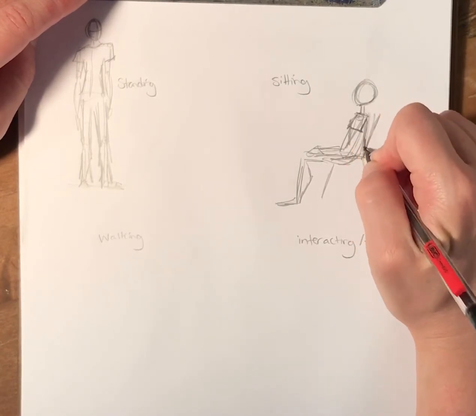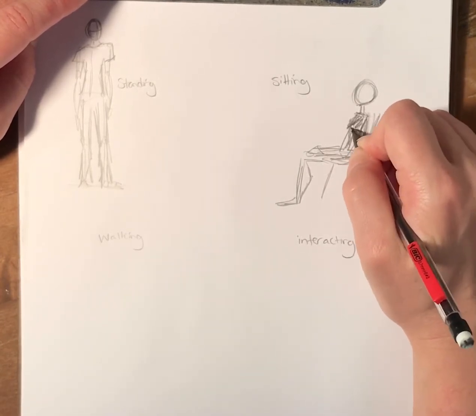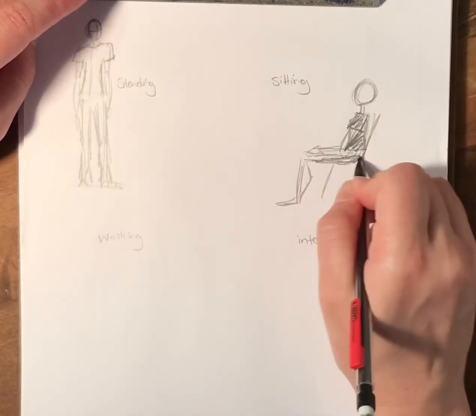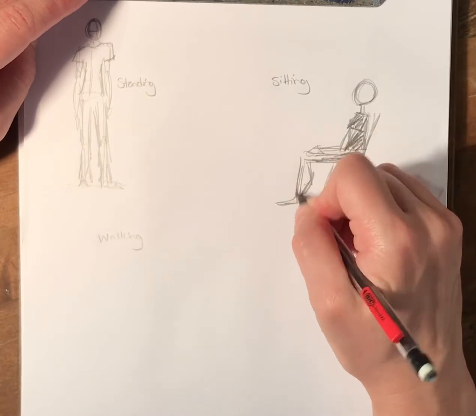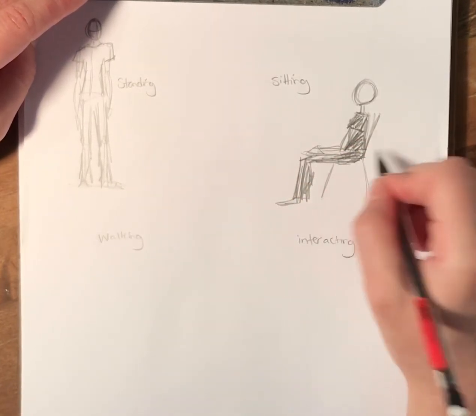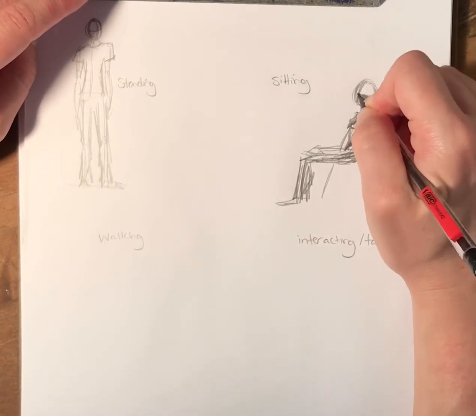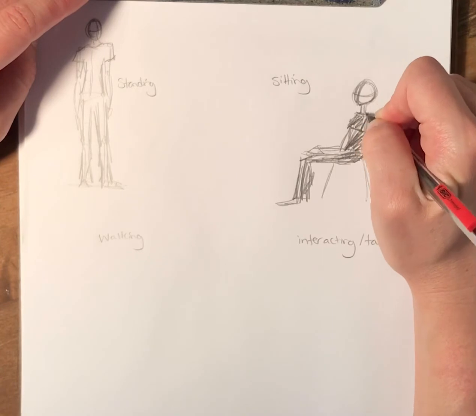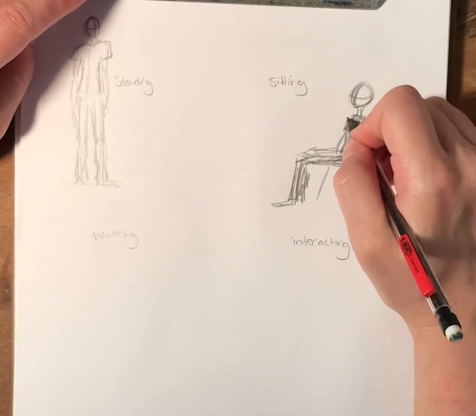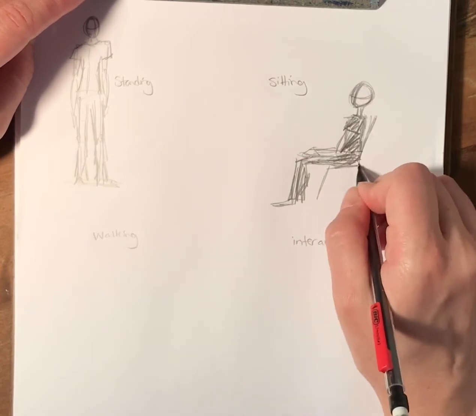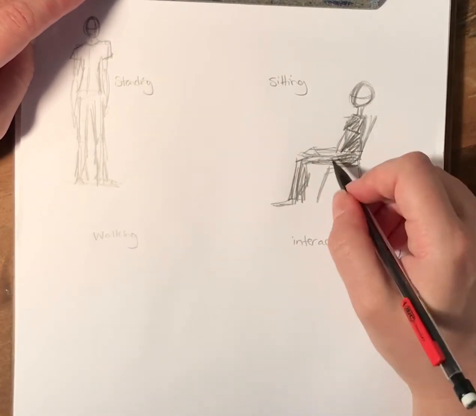So this will be a t-shirt. And let's put some pants. And maybe just this cross to represent the face. Okay, so this is a person, a very basic person sitting in a chair.